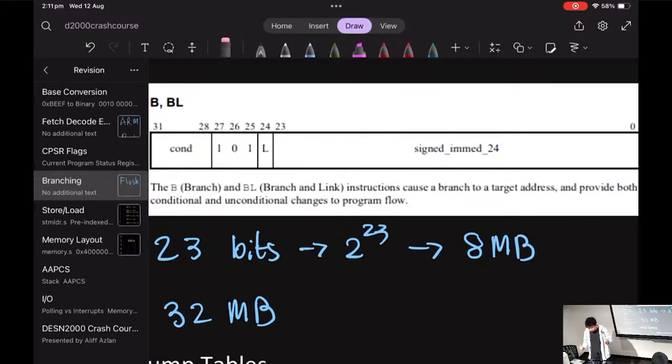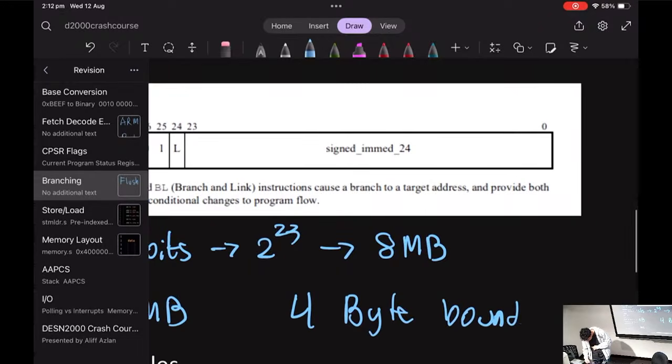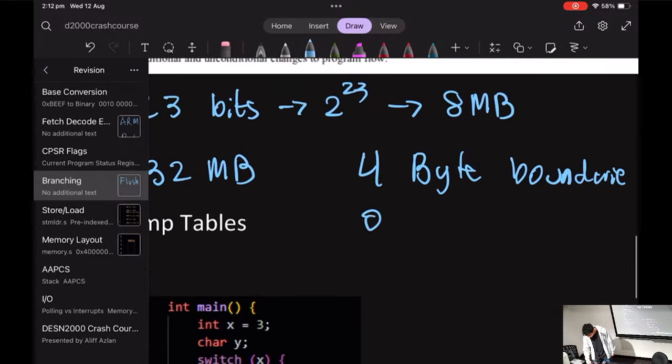If you guys remember the boundaries, that means they have to be aligned on 4 byte boundaries, right? So you can't have an instruction on, say, 0x001, this is illegal, right? Because that's not aligned with a 4 byte boundary.